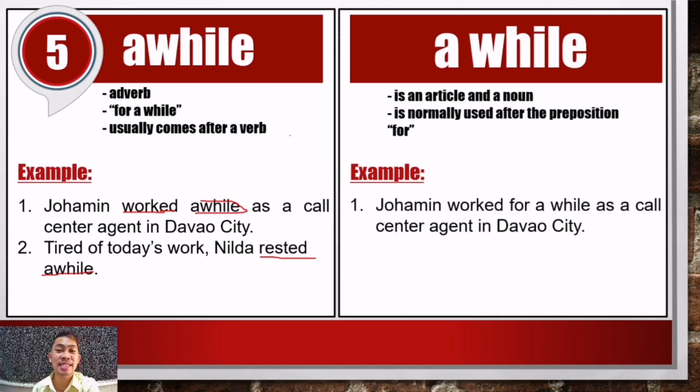In the previous example, the word awhile comes after an action word, while in the second sentence, the phrase a while comes after a preposition. So that's something that you need to remember. Once it is preceded by a preposition, you have to use the phrase "a while".